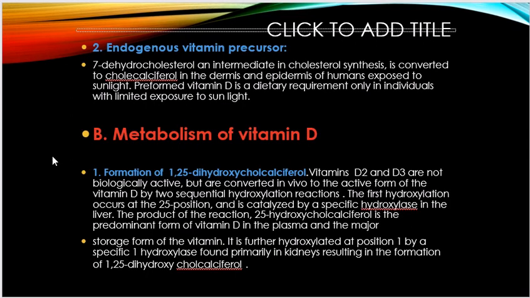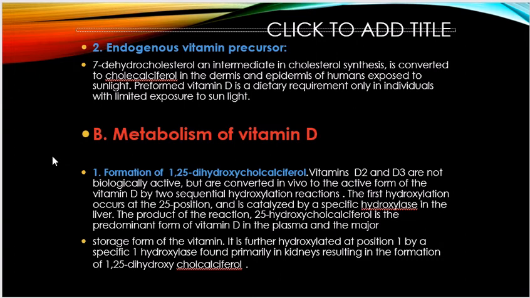The endogenous vitamin precursor is 7-dehydrocholesterol, an intermediate in cholesterol synthesis. It is converted to cholecalciferol in the dermis and epidermis of humans exposed to sunlight. The preformed vitamin D is a dietary requirement only in individuals with limited exposure to sunlight.